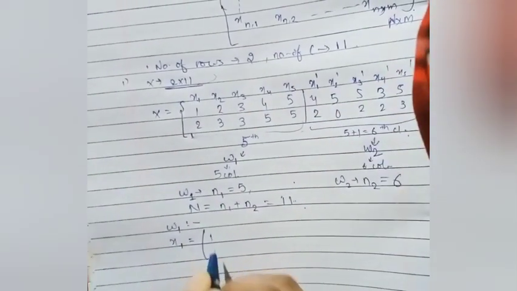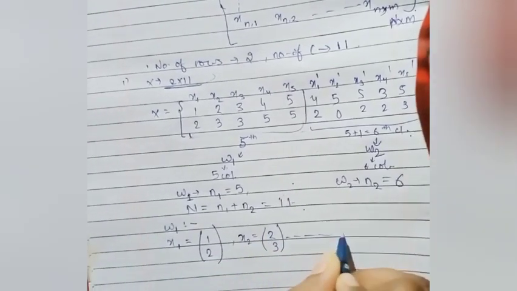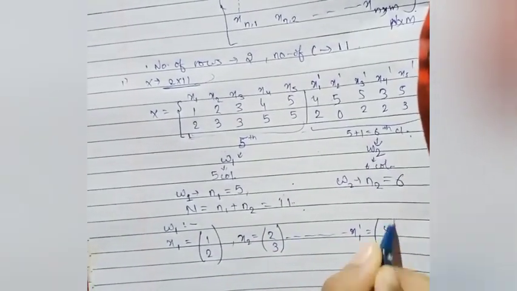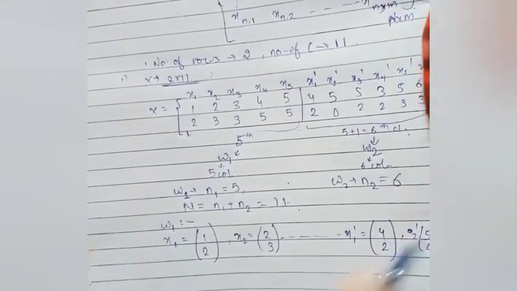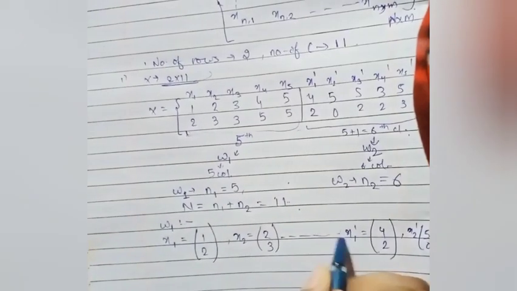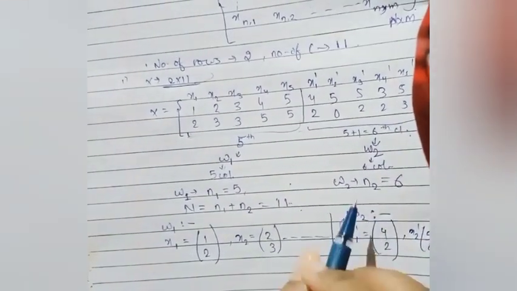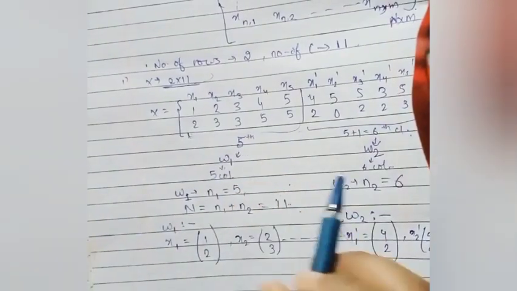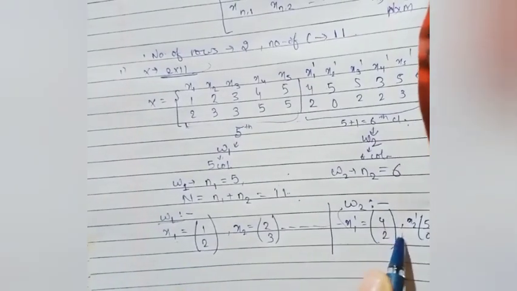So x1 has the elements 1, 2, x2 has 2, 3, and so on. Similarly x1 dash is 4 and 2, x2 dash is 5, 5 and 0, and so on. This one is for the W2 class, because W2 is the matrix with the last 6 columns.